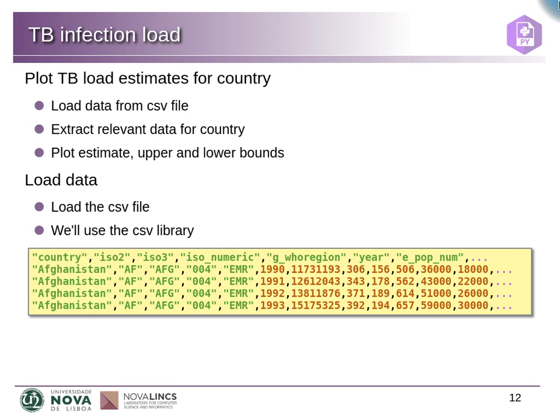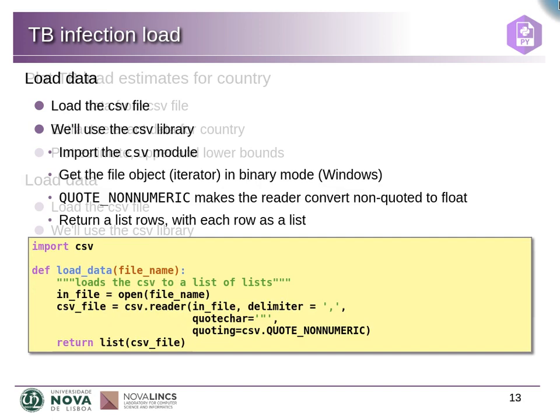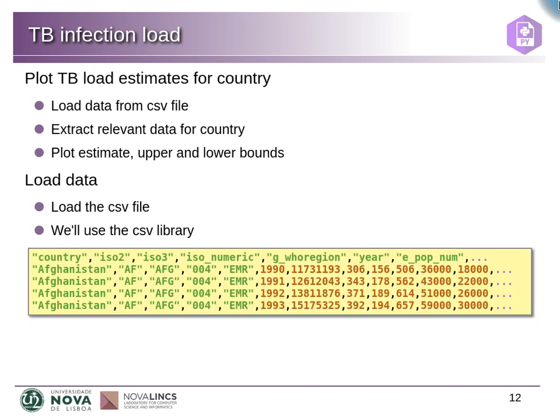So we have this file, a CSV file like this, which has the estimated tuberculosis loads in different countries in different years. So, for example, we have here Afghanistan. These are the ISO 2 codes and ISO 3 codes for the country, the region code, and so on from the World Health Organization.